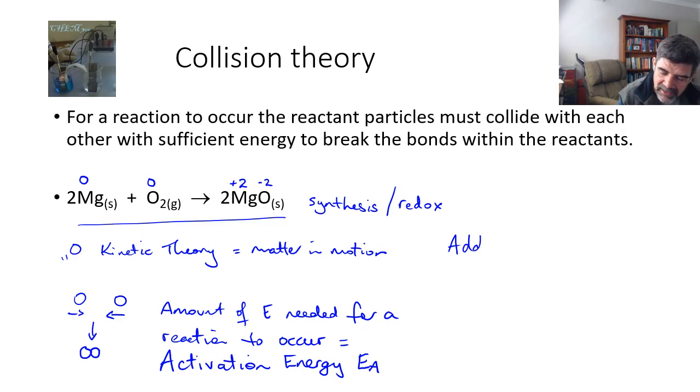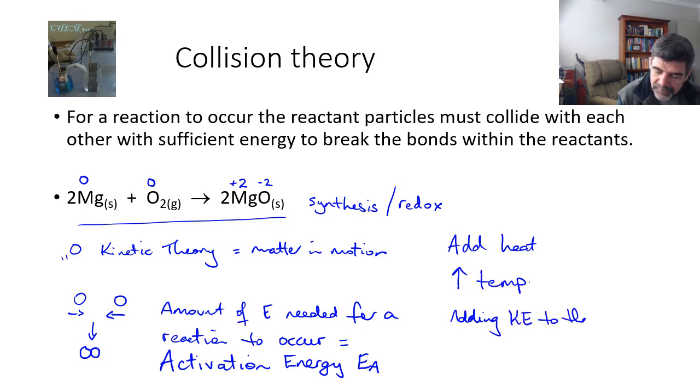When we add heat, that is, we increase the temperature, what we are doing is adding kinetic energy to the particles. And kinetic energy is equal to 1/2 mv squared. So that is, it's a function of mass and the square of velocity. So if we increase the heat, we increase the kinetic energy.